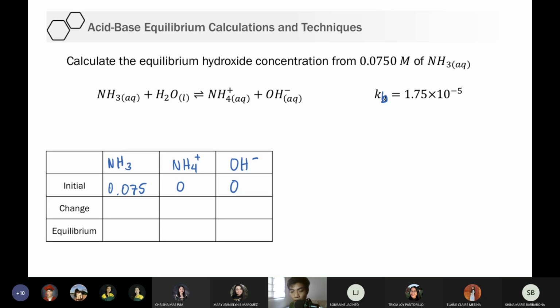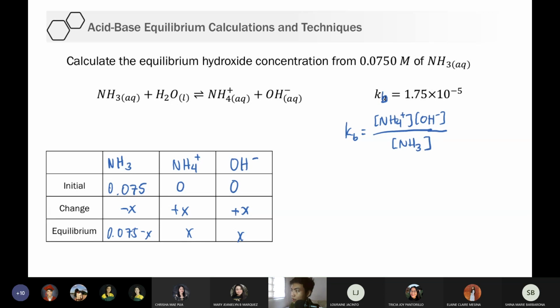Okay, so since wala sa product, positive X doon, and negative X for the reactant. So the equilibrium expression is 0.075 minus X, X, and another X. Or you write the Kb. Kb is equal to the concentration of ammonium ion, OH, divided by ammonia.